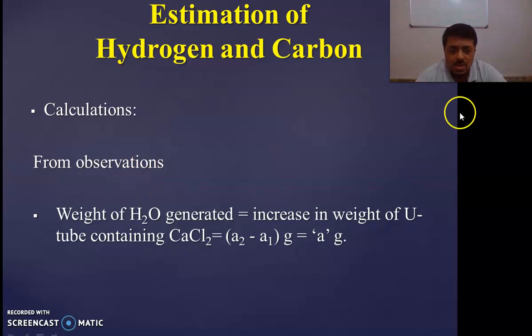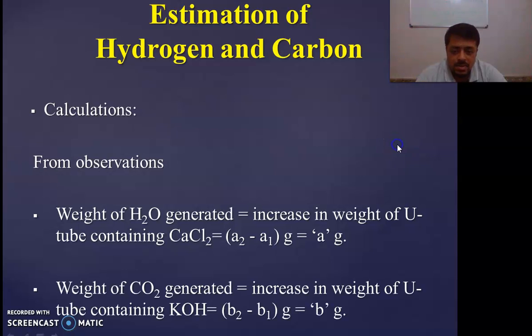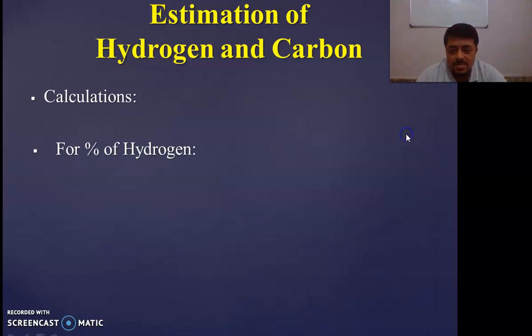For calculations, the weight of H2O generated is the increase in weight of the U-shaped tube containing CaCl2, that is A2 minus A1, say A grams. Similarly, for CO2, the increase in weight of the KOH tube is B2 minus B1, which gives B grams.